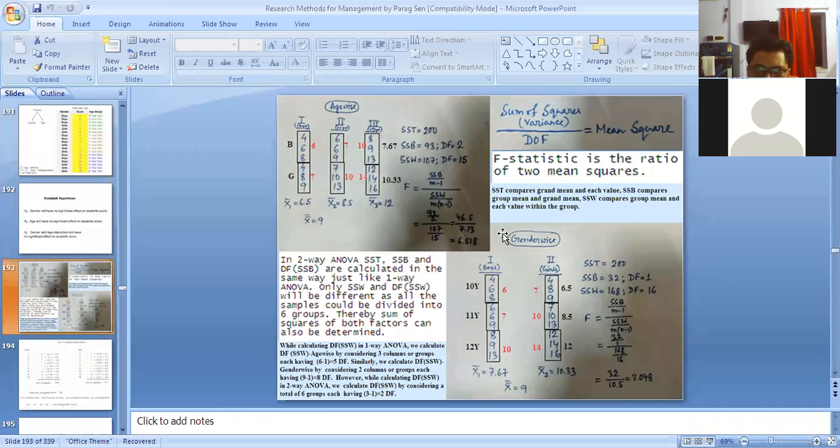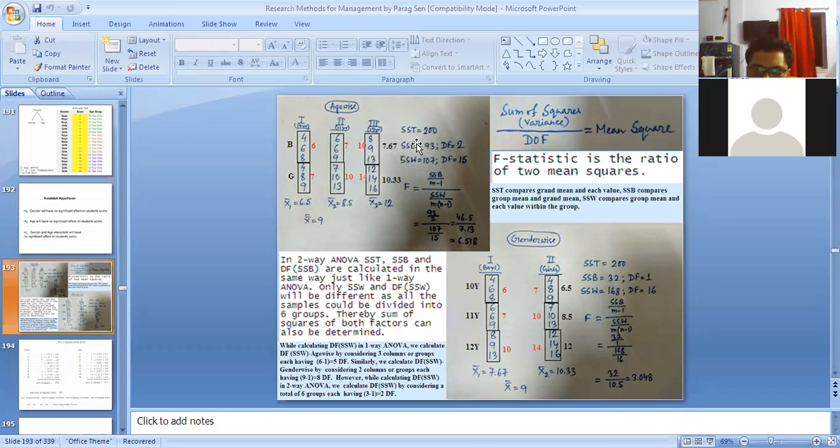Now you will calculate the sum of square between. This is also variance, but this variance is between the groups, between the 10 years old, 11 years old and 12 years old. How will you calculate this?